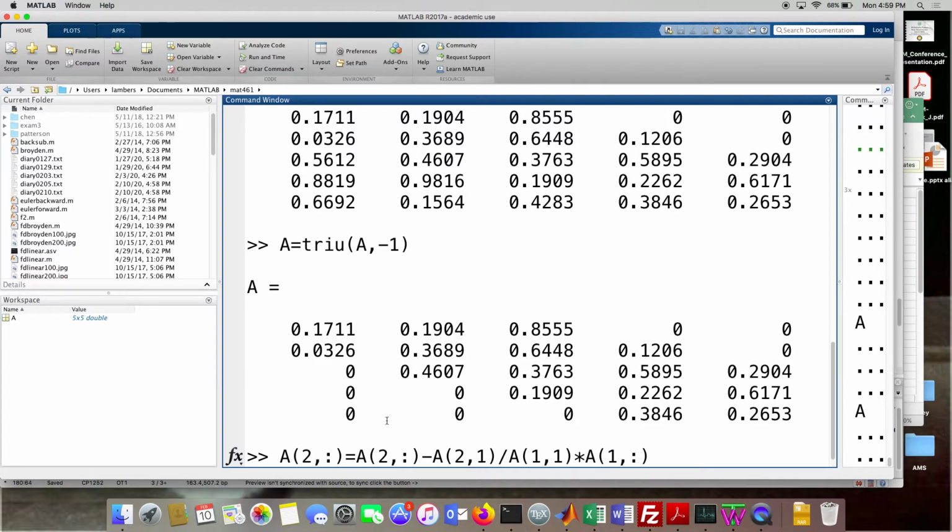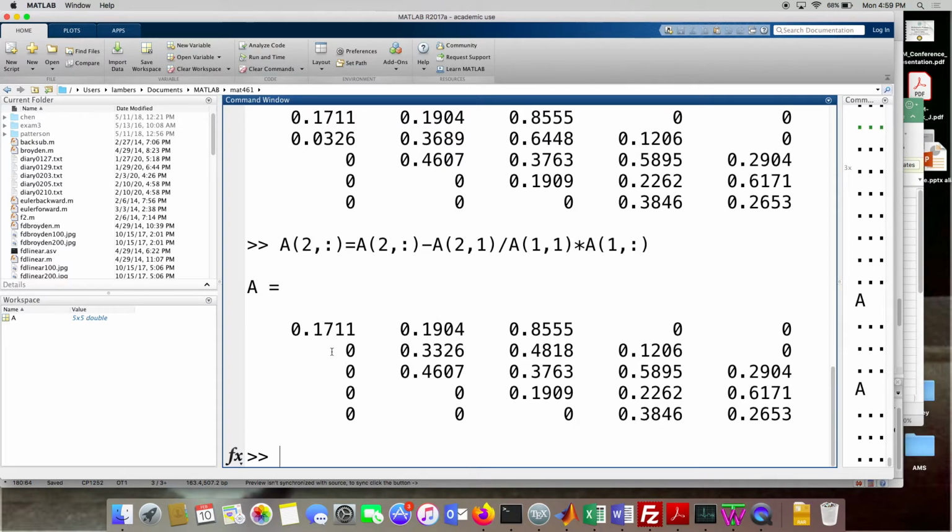That's the first row operation. Now we get to the second column. I need to look at these two entries. Whichever one is the largest has to get swapped into the diagonal position. This one is not the largest, so I need to swap rows 2 and 3.